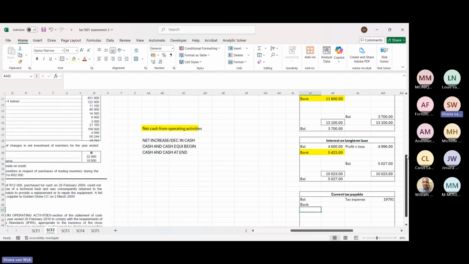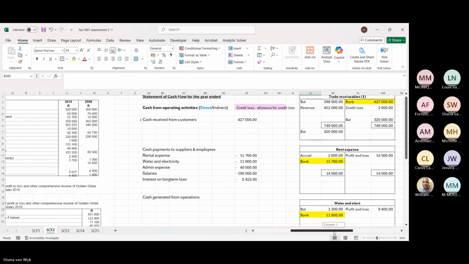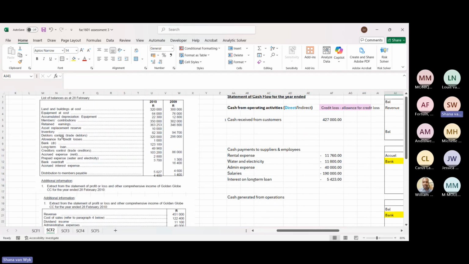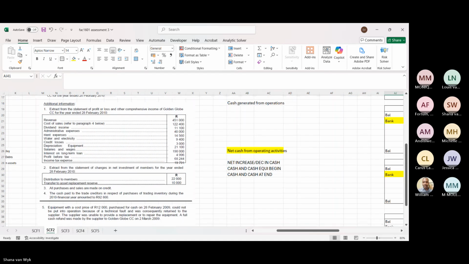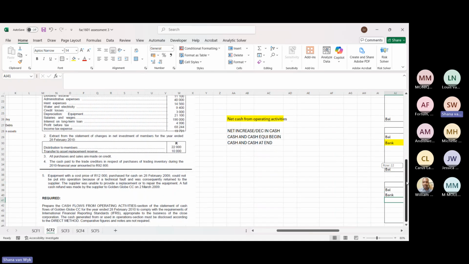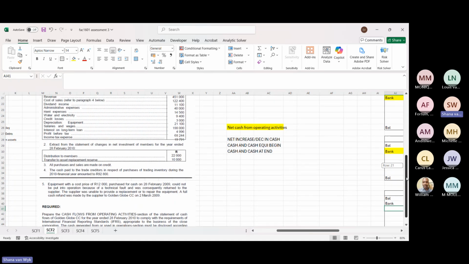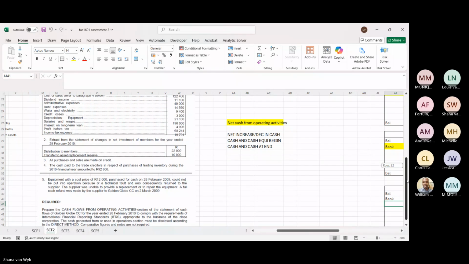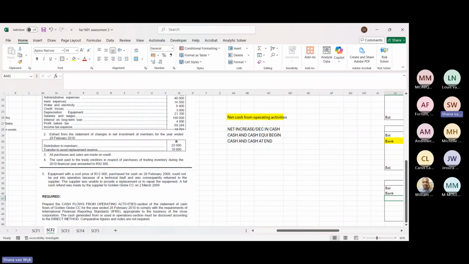Is there not two amounts for tax? No. Profit before tax. I'm missing something now. Guys, have any suggestions? Let me quickly look here again.